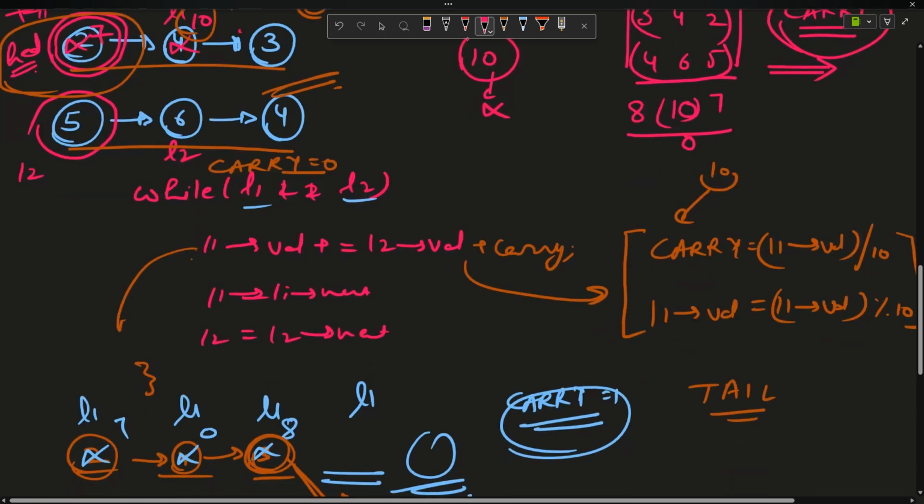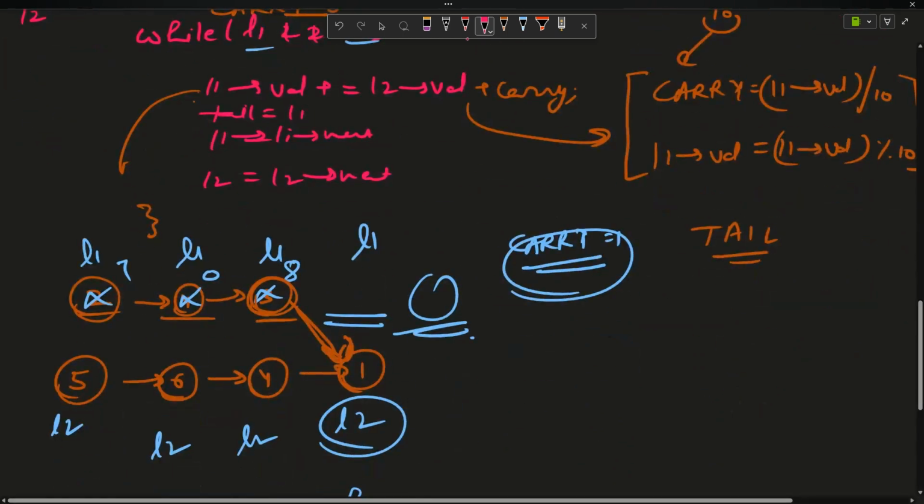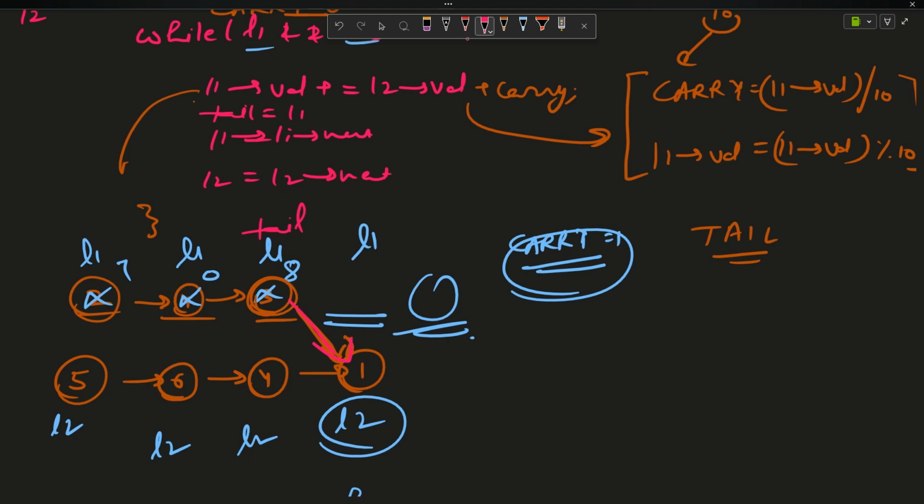That is, before moving to the next node, I will say tail equals L1. After L1 becomes null, my tail is actually here. So I will connect my tail to L2. That is, if L2 is not null, in that case tail's next will become L2.